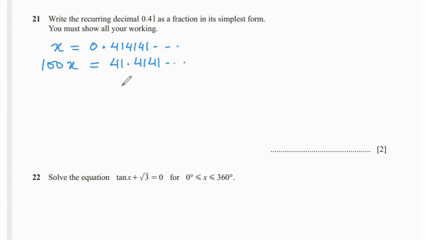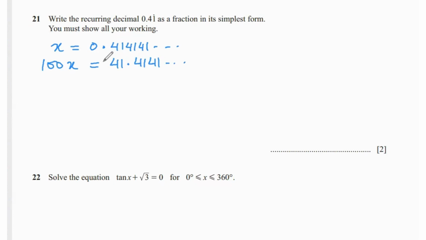Now, the reason why I'm multiplying it by 100 is because I'm trying to get rid of the numbers after the decimal so that it's easy to convert it into a fraction. So what we're going to do now is multiply x by another number, 10, 100, 1000, whatever suits the equation, and make sure that whatever we multiply it with, the numbers after the decimal are the same in both cases.